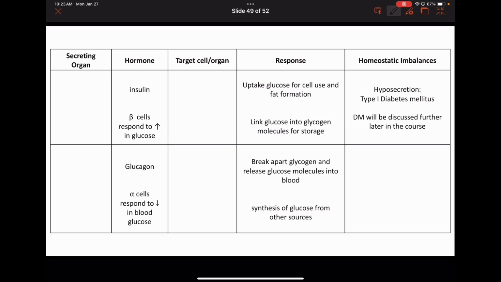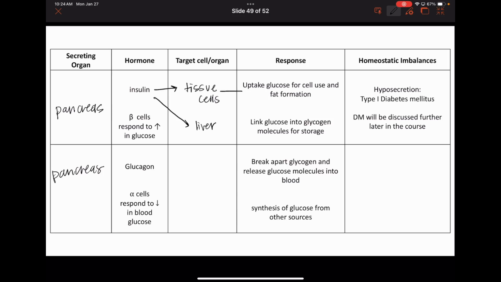So the secreting organ for both of these is, which is the organ that secretes insulin and glucagon? Pancreas. So it's going to be the pancreas for both. So insulin is going to target both our tissue cells and our liver.